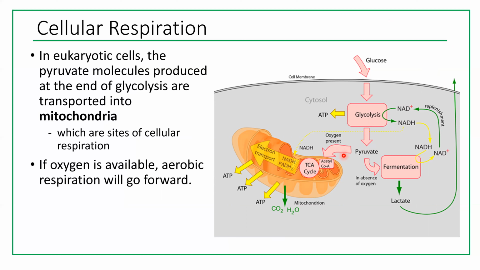But if oxygen is present, then this pyruvate is transported into mitochondria. If oxygen is available, aerobic respiration will go forward, because we still have lots of energy in this pyruvate. We need to make more ATPs.